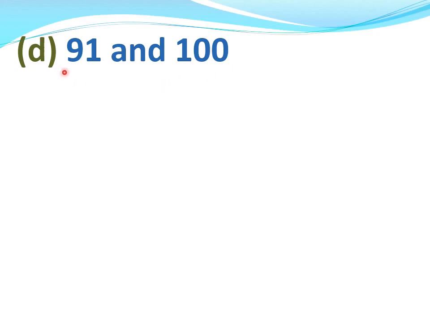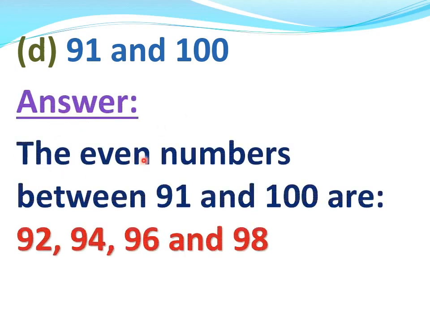We have to write all the even numbers between 91 and 100. Remember that 91 and 100 will not be included. Answer. The even numbers between 91 and 100 are 92, 94, 96 and 98.